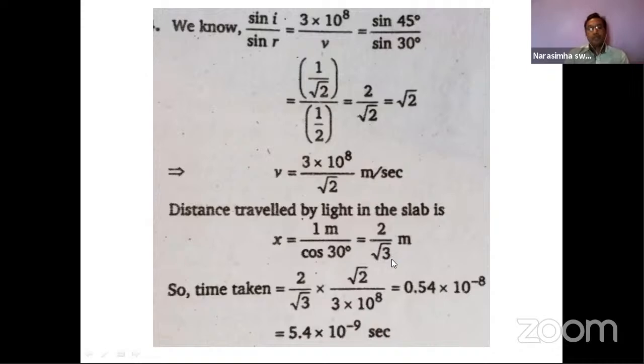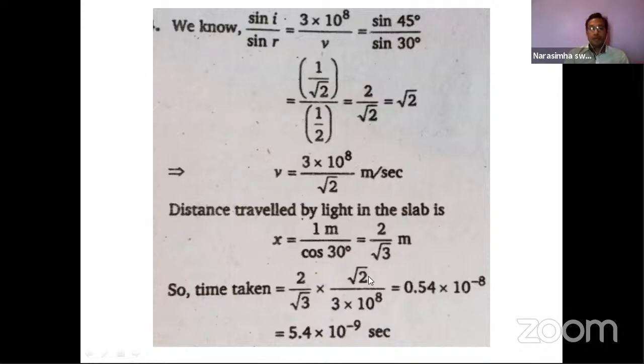This is the distance traveled inside the slab while it is refracting at this angle. So 2 by root 3 meters is covered. Now time taken is equal to distance by velocity. So 2 by root 3 into root 2 by 3 into 10 power 8.